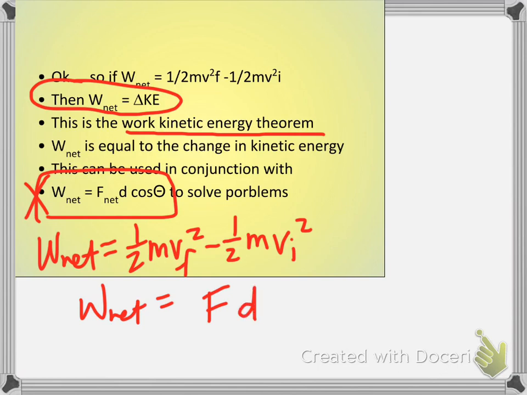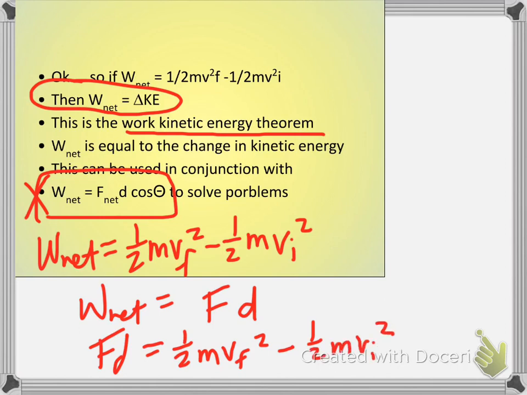You see what's coming. Force times distance is equal to 1/2 m vf squared minus 1/2 m vi squared. It looks terrible, but it's really not. I swear to you, it looks much worse than it is.